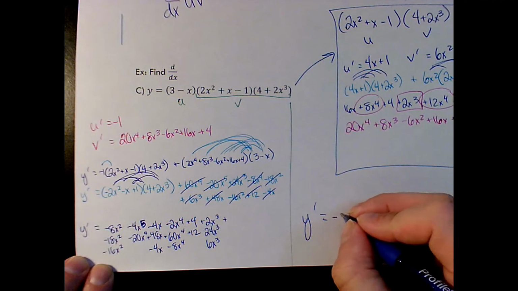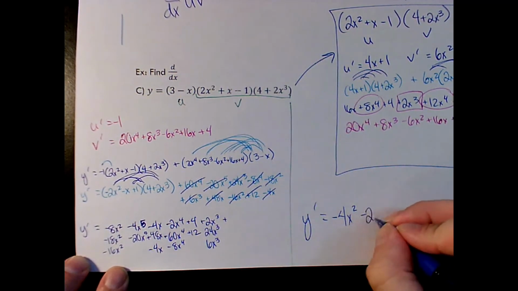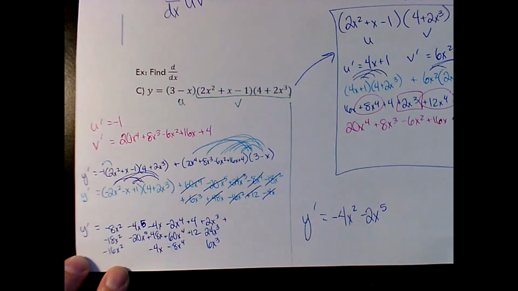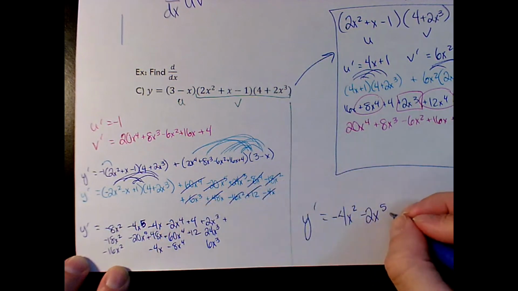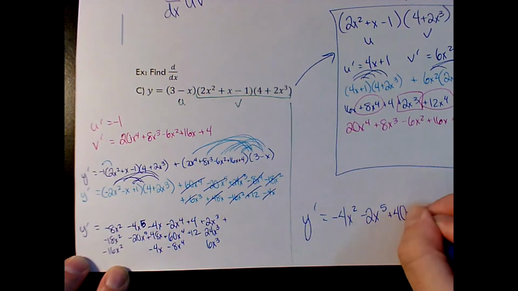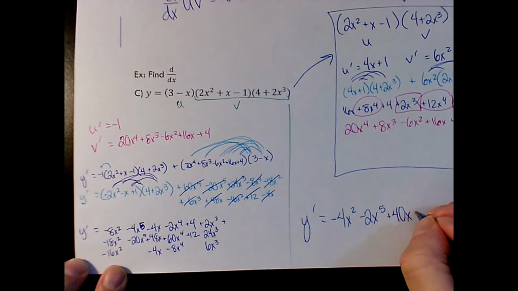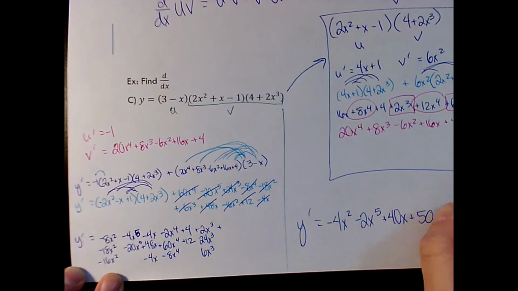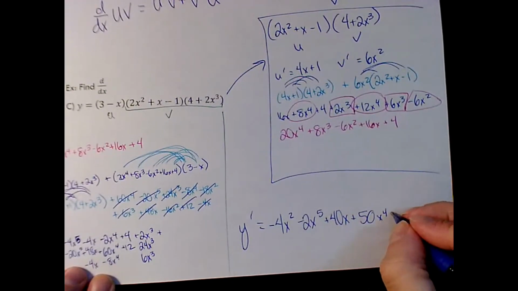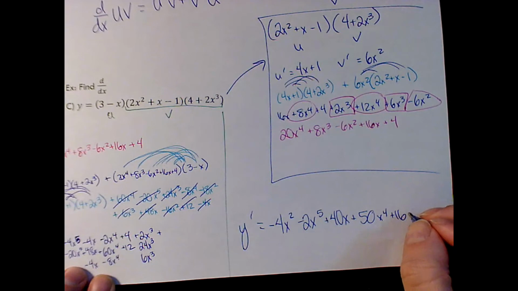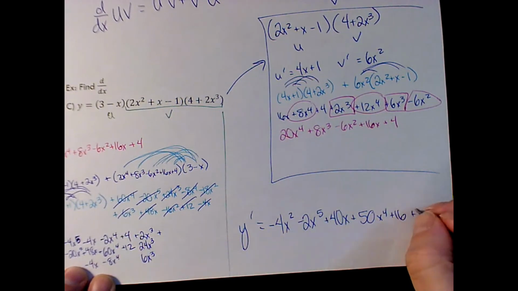Yeah, negative 42x squared, negative 24x to the 5th, 40x, 50x to the 4th, 16, and that's 26, 32x cubed.